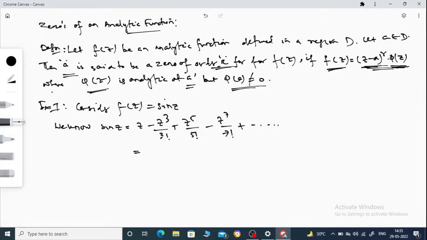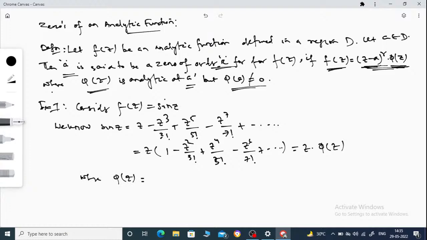If I take z common here, I get 1 minus z square by 3 factorial plus z to the power 4 by 5 factorial minus z to the power 6 by 7 factorial plus and so on.